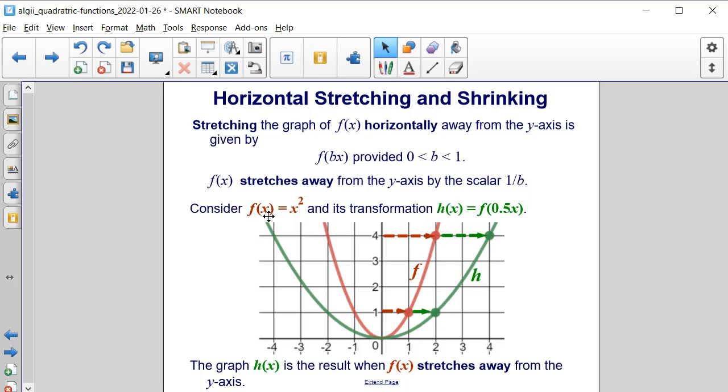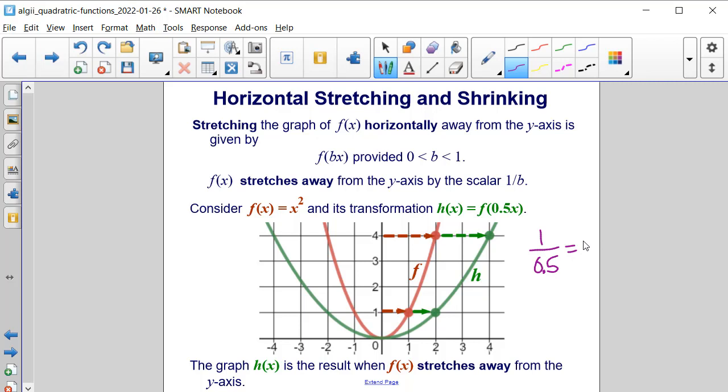So consider f of x being equal to x squared and its transformation h of x being equal to f of 5/10 times x in parentheses. Well, the graph of h of x is the result of that. You are stretching it away by a scalar of 1 divided by 0.5, which is equal to 10 over 5, which is 2. You're stretching it away from the y-axis.